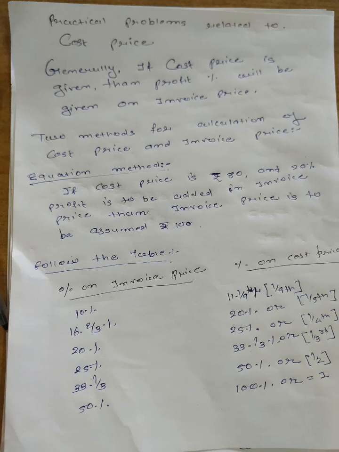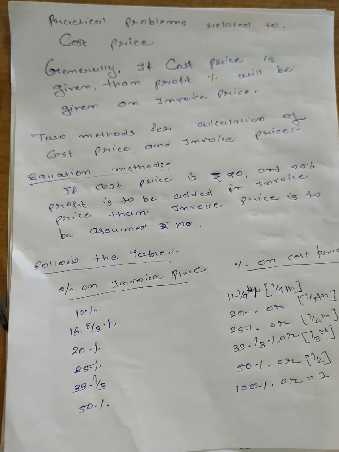If profit percentage on invoice price is 16.23%, the same profit percentage on cost price is 20% or 1/5. If profit percentage on invoice price is 20%, the same percentage on cost price is 25% or 1/4. There is one tip I will give you to use this method very effectively.